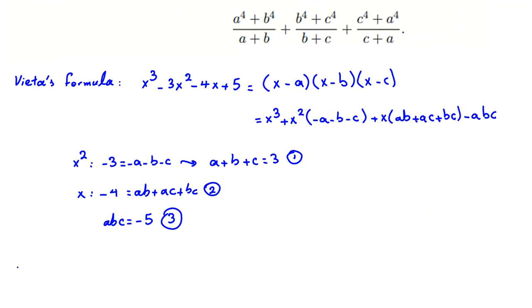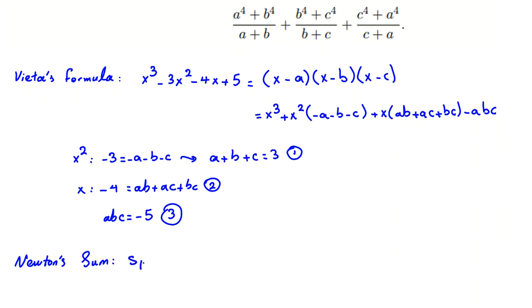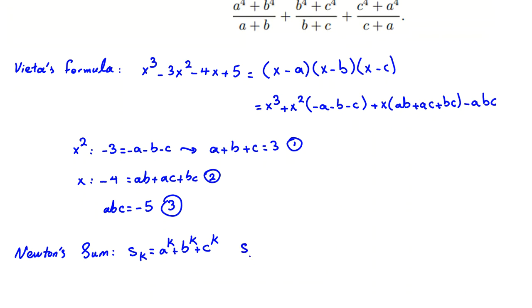Now, let's work on Newton's sums. In this part, we define S_k equal to a to the k plus b to the k plus c to the k. We want to find a recursive sequence for this. S0 is obvious: a to the 0 plus b to the 0 plus c to the 0, and it will be 1 plus 1 plus 1 equal to 3.